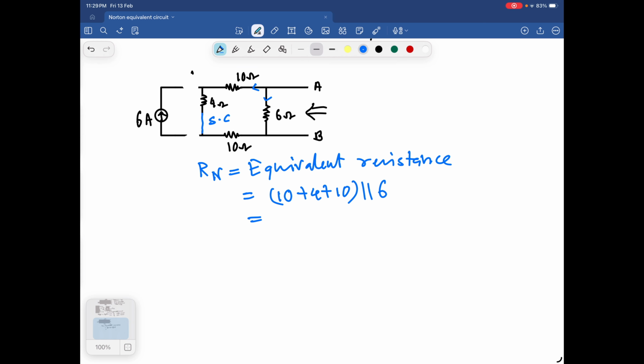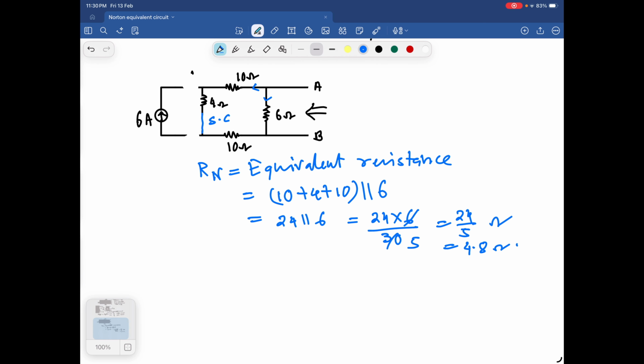So how much is it? 24 parallel 6. So this is 24 into 6 divided by 24 plus 6, that is 30. So this is 5, so this is equal to 24 by 5 ohms. This is your equivalent resistance. This is actually how much? 24 by 5, so 4.8 ohm.